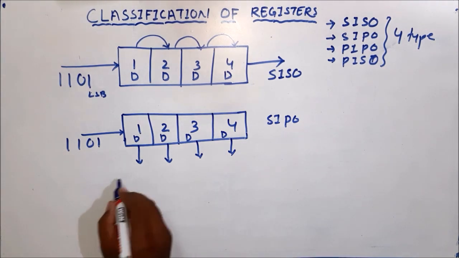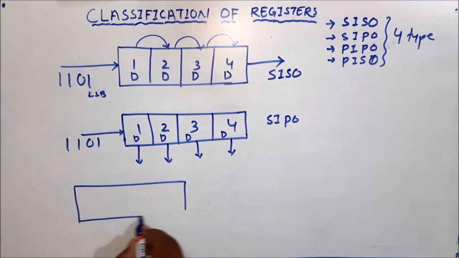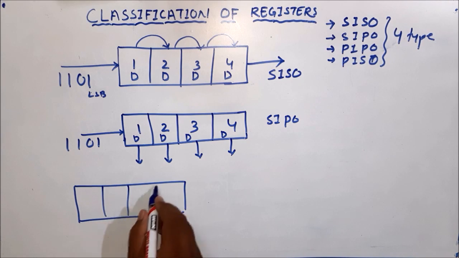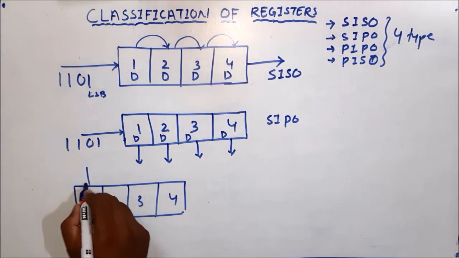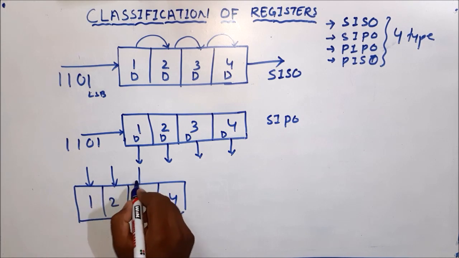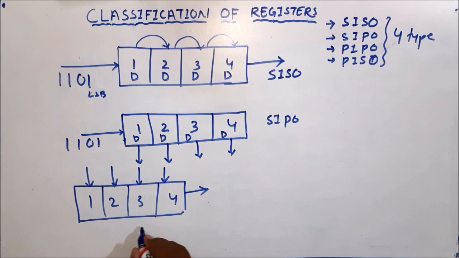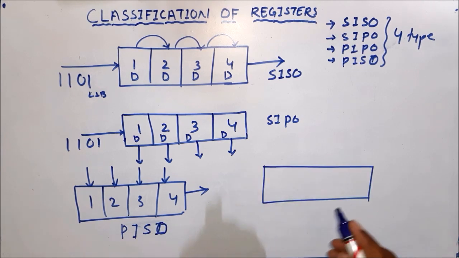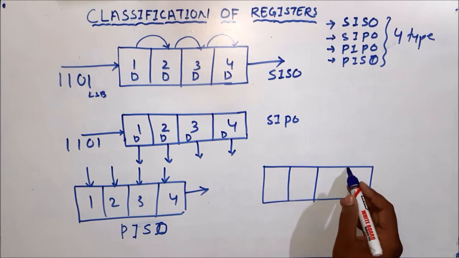Similarly, if you give data parallelly, like we have 4 flip-flops 1 2 3 4, and we are giving data parallelly here, here, here, and here, and we are taking the data serially from here, this is called parallel input, serial output. Also, you can give input data in parallel format and take out the data in parallel format.